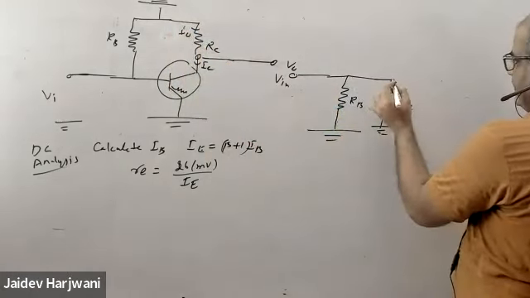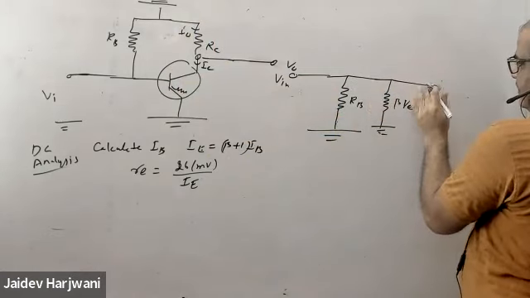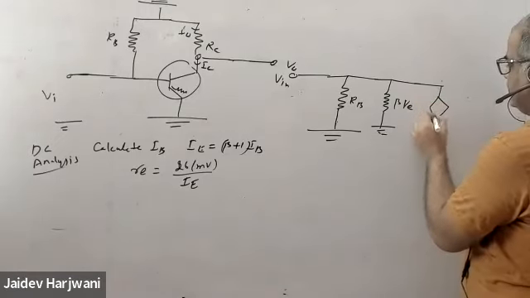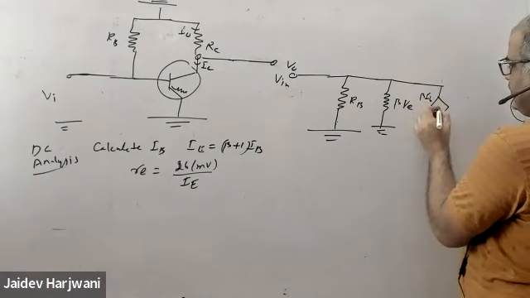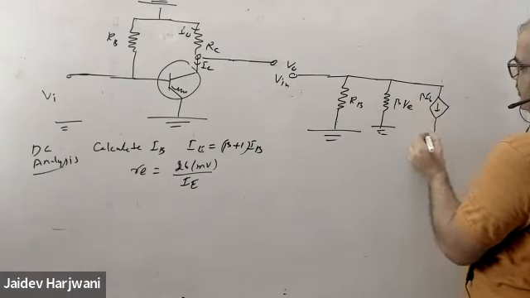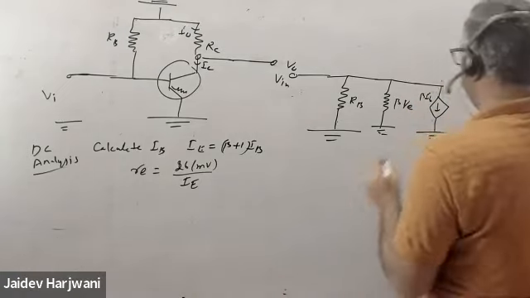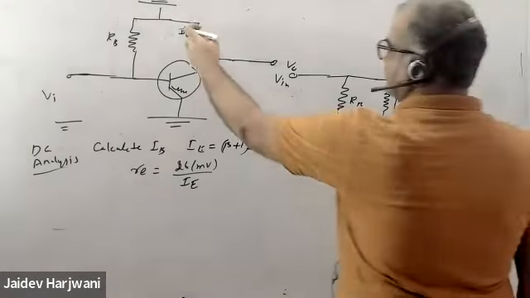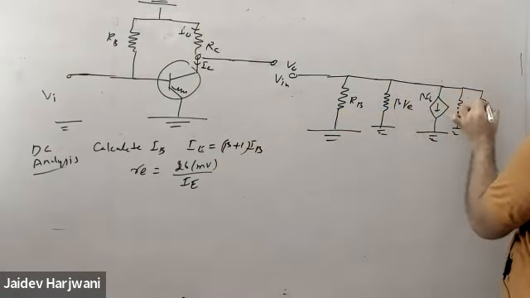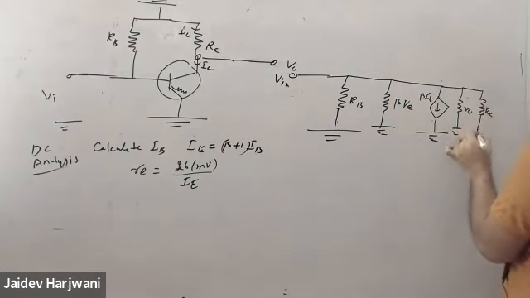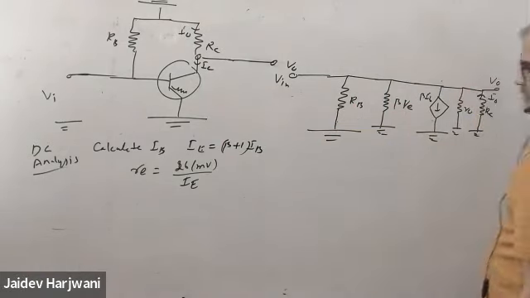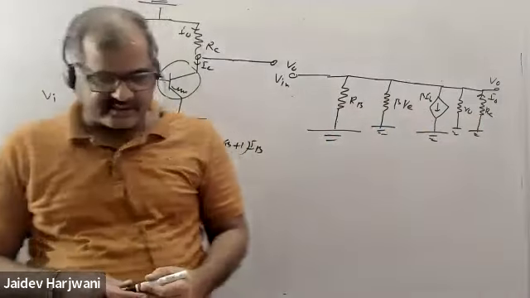So we have replaced the outer side with a current source, that is beta IB, and this is your ground, and here you have put one resistance RC, also grounded. We know the current flowing through RC is I0, and here we are taking V0, the V output at this side. So this circuit we did yesterday.